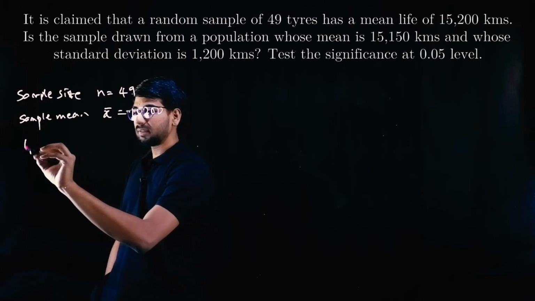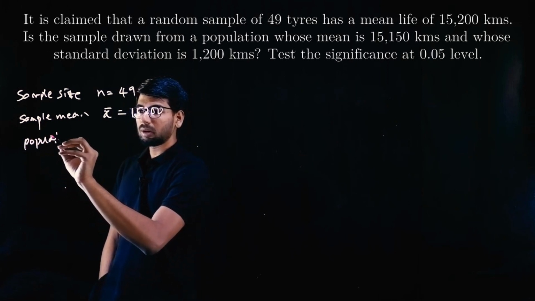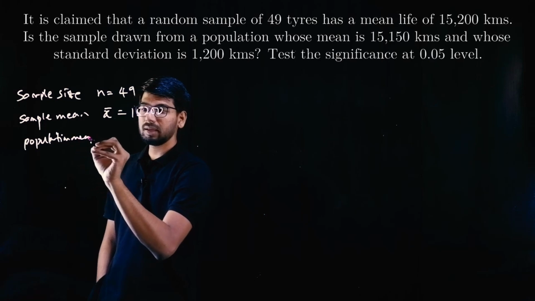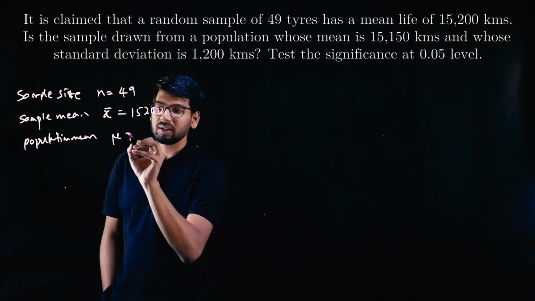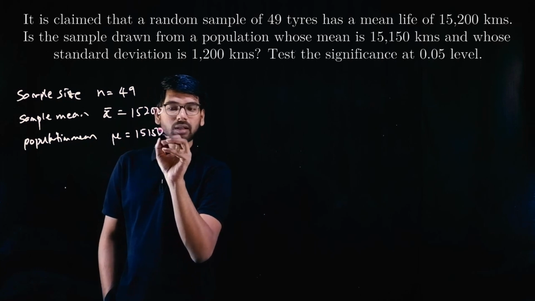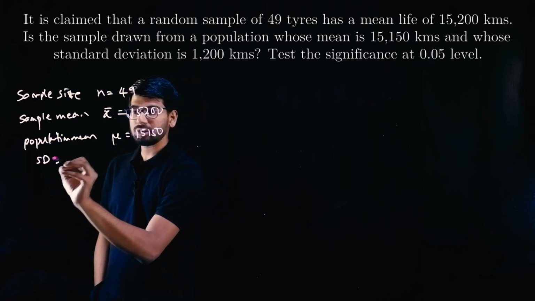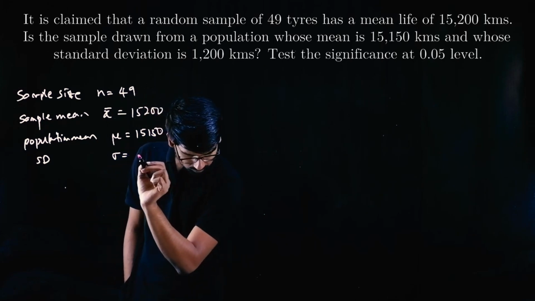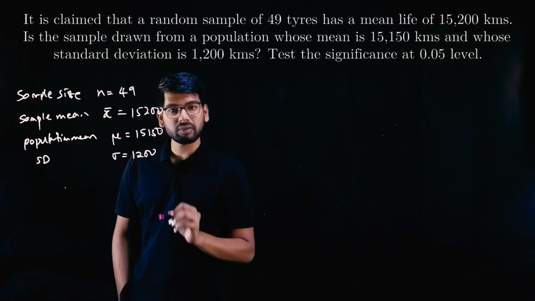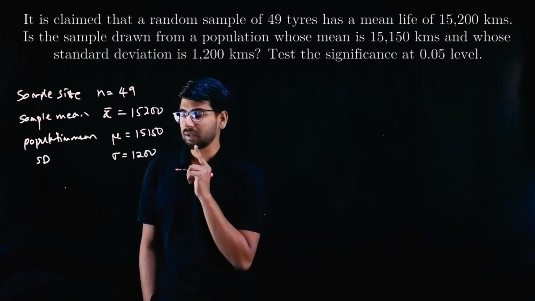And what is the population mean? The population mean is the lifetime of all the tires manufactured by the company, which is mu equals 15,150 kilometers. And the standard deviation of this population is 1,200 kilometers. Okay, so this much is given.